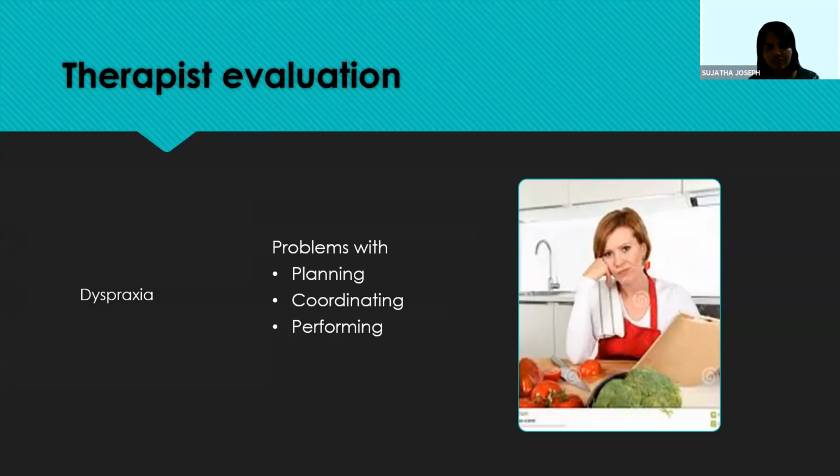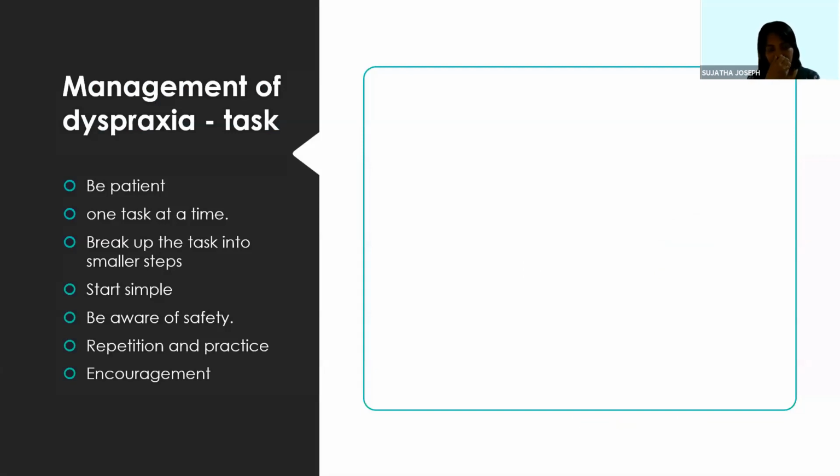So how do we treat it? Once the therapist evaluated and identified that the patient is having dyspraxia, although it seems simple, it's not simple actually. If she is the one who's going to do all the tasks at home, especially cooking, then she's at risk of having injuries to herself.